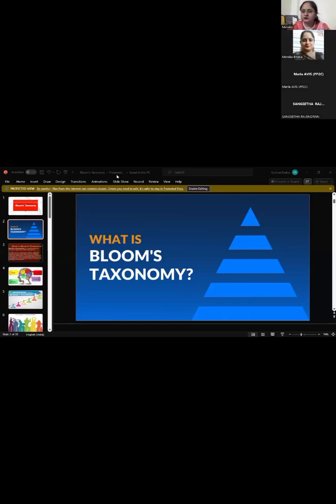With the new learning aura, that is Bloom taxonomy, we all need to change according to the national education policy, right? So first of all, there is a small introduction about the Bloom taxonomy. Actually, what is Bloom taxonomy?